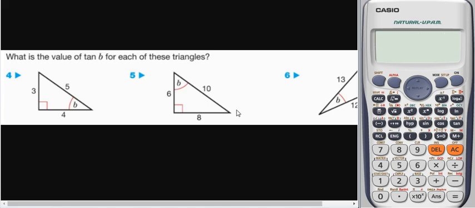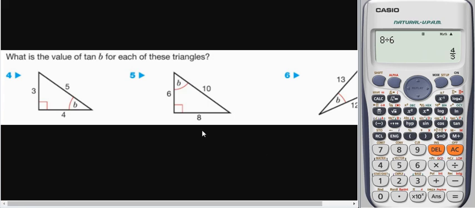This one, B, is looking at 8, as you can see, or it's opposite to 8, okay? So it's going to be 8, the opposite side, divided by 6, the adjacent side. So the answer, 4/3, is the simplest fraction, or in decimal places, 1.3333.